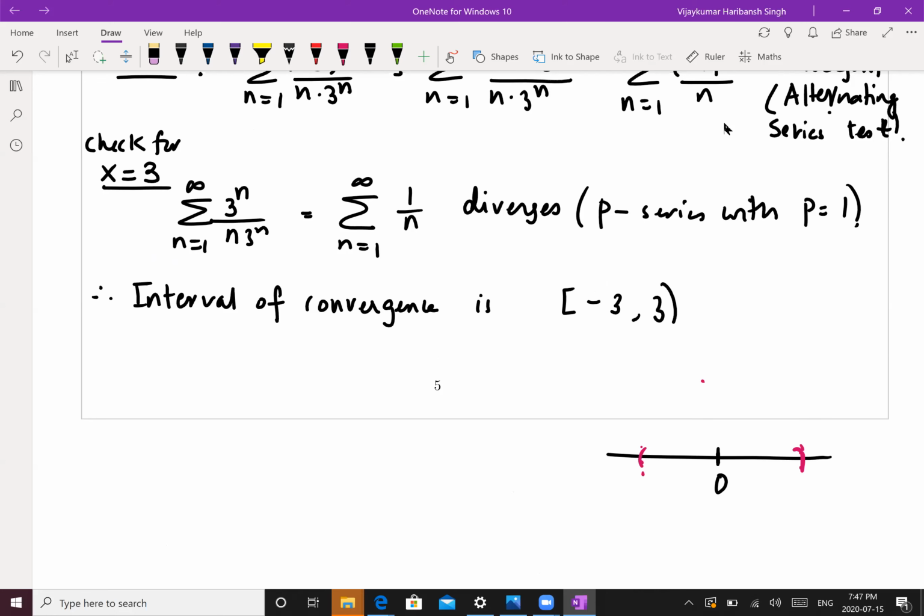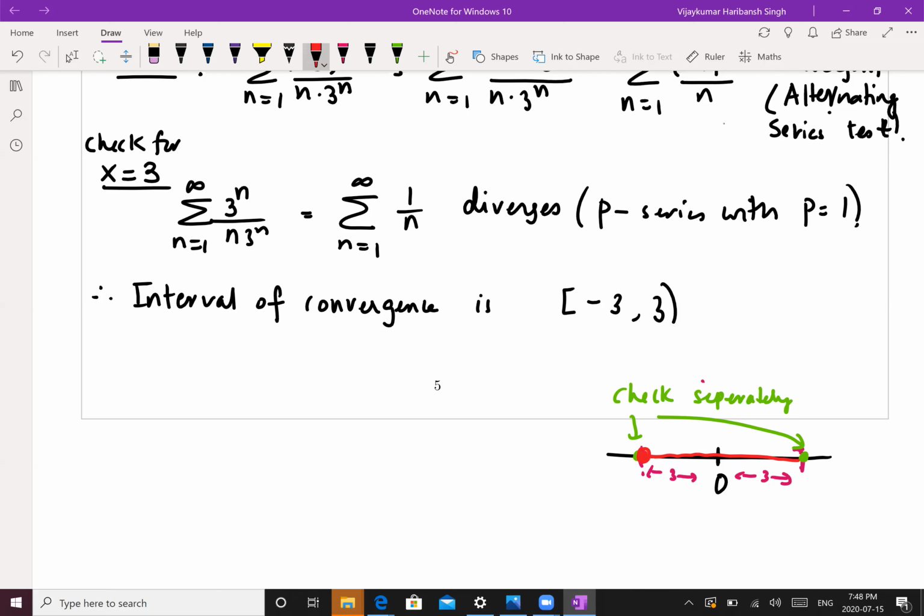So you're going 3 here, 3 here, and inside, the convergence is guaranteed, and at the endpoints you check separately. And you saw that minus 3 was included, and this guy was excluded.